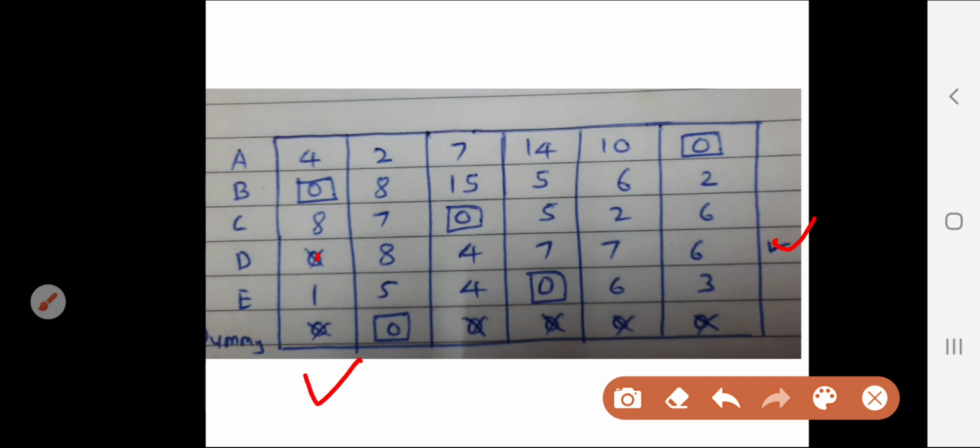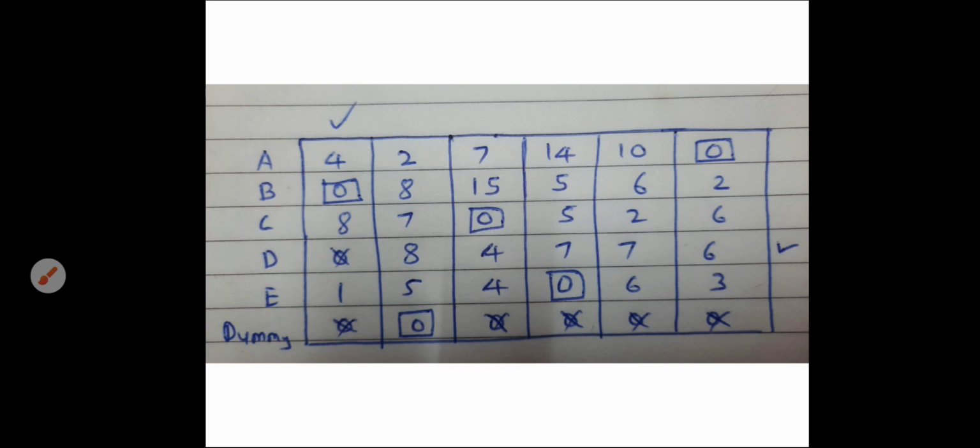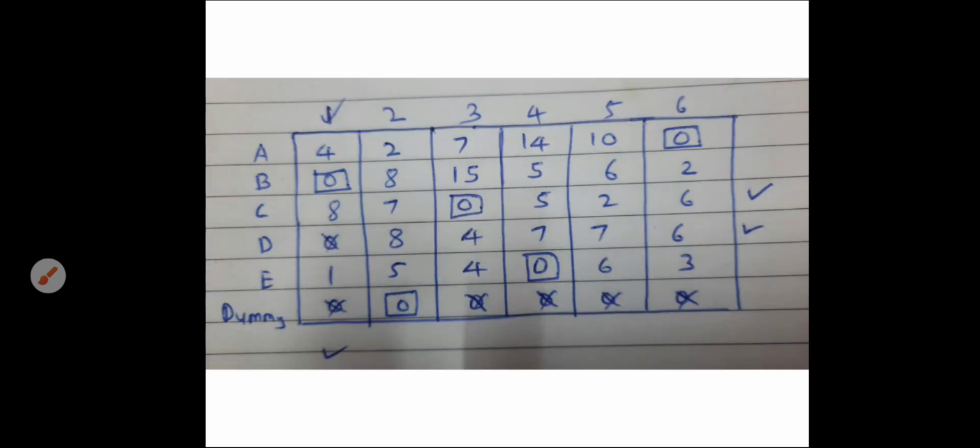Either you can mark here or here. You can mark here. Then in that column, if any assignment is there, yes, then you mark that row. In this way, there are 3 markings you can do. So C row, D row, and first column are marked.